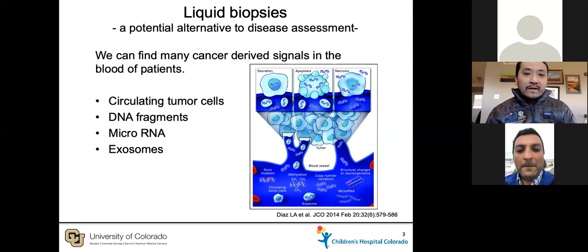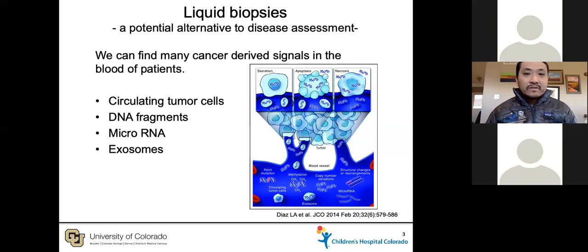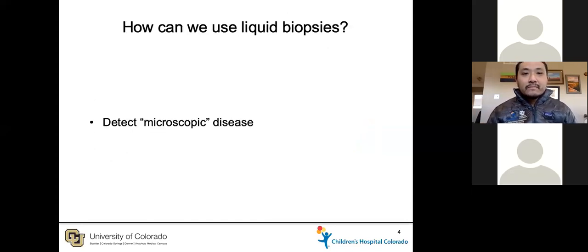The things that come out in the blood that we can see here are circulating tumor cells, DNA fragments, microRNA, exosomes. There's a variety of things that you can find. And if you take it in a very wide way, then traditional protein-based biomarkers could also be considered liquid biopsies.